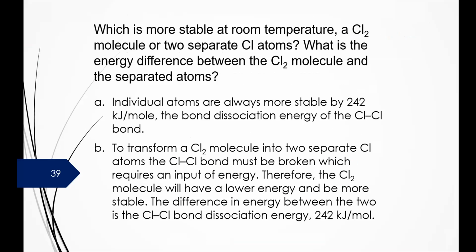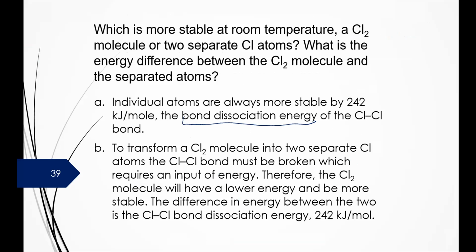So individual atoms are always more stable by 242 kilojoules per mole. And that's because that's the bond dissociation energy, so the amount of energy required to break it apart. Or to transform a Cl2 molecule into two separate Cl1s, we have to break that Cl-Cl bond, which requires us to input energy. And so therefore, the CO2 molecule will have a lower energy and be more stable.